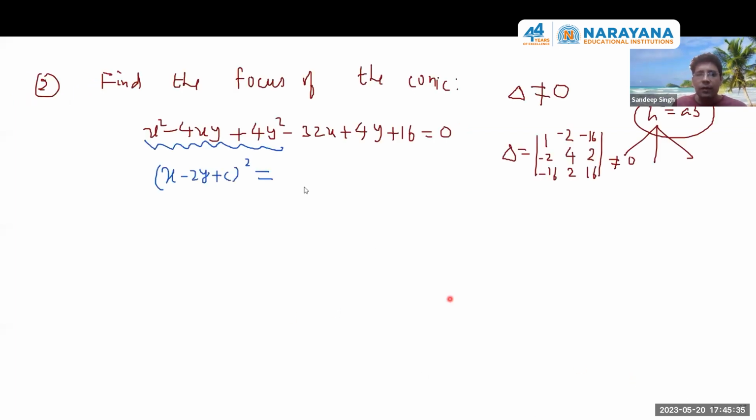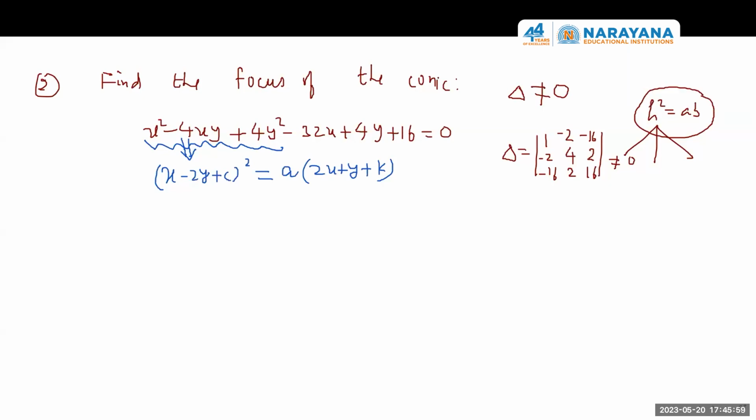So on the right hand side, I must write what? 2x plus y plus some constant, along with a constant outside. Let me mark that as k. So I want to convert this into this form. Is it clear to all? Tell me, was this understood by everyone? Is it clear to all?